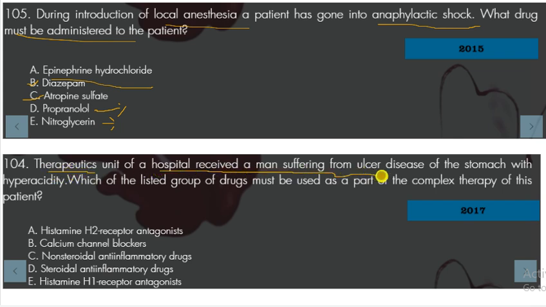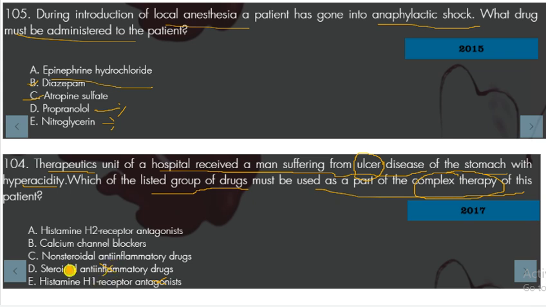The therapeutics unit of a hospital received a man suffering from ulcer disease of the stomach with hyperacidity. Which of the listed groups of drugs must be used as part of complex therapy of this patient? Okay, he is asking about ulcer disease treatment. Histamine H1 receptor blocker, we can't use.